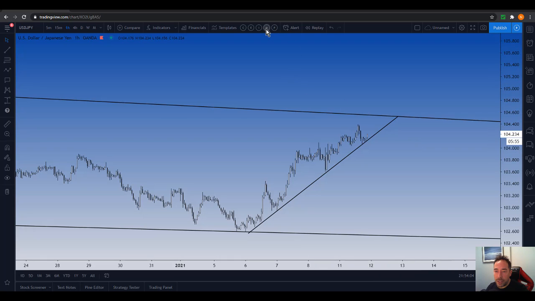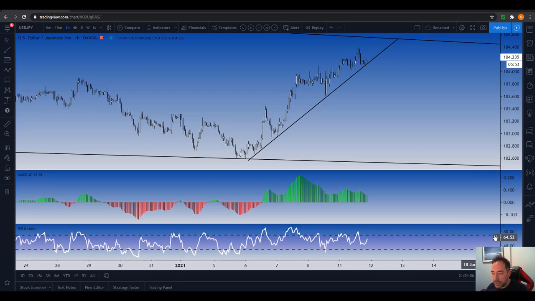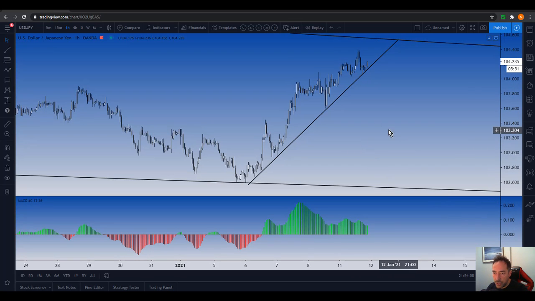I do believe we have a little bit of what's called MACD divergence, price divergence. Price is pushing to the upside, but we've had a lower high here on the MACD, which tells us that we could expect a reversal to take place. It means that potentially the upwards momentum is dying out.